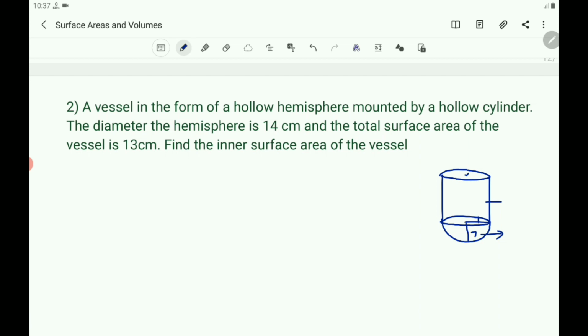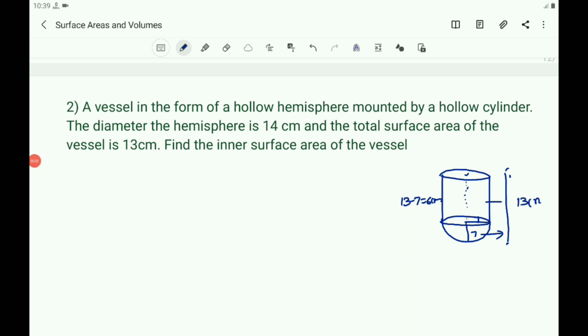And the total height of the vessel is given, from bottom to top, 13 centimeter. Then what is the height of the cylindrical portion? The height of the cylindrical portion is 13 minus 7, which equals 6 centimeter. Now here what you have to find out? Find the inner surface area of the vessel.